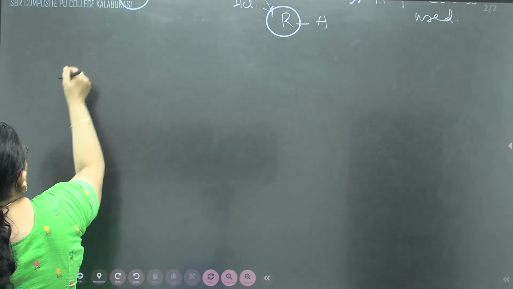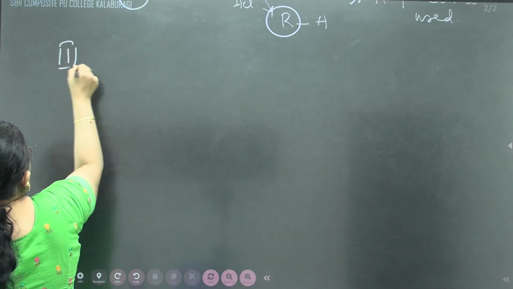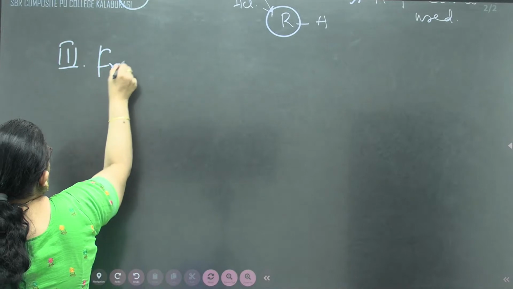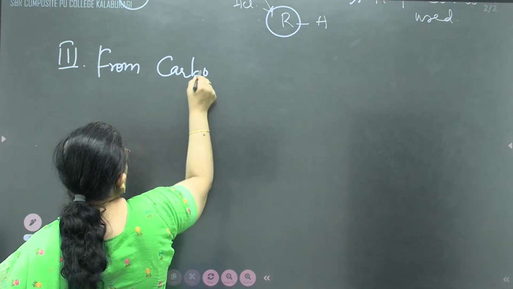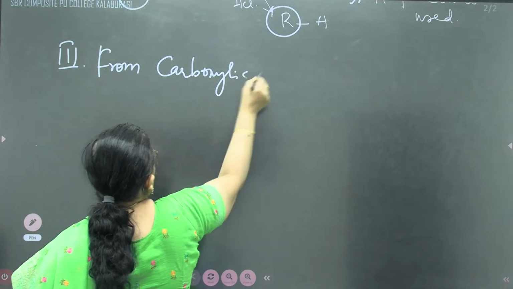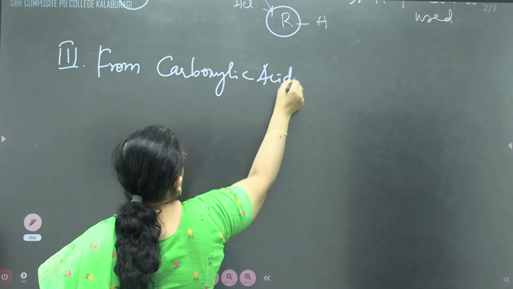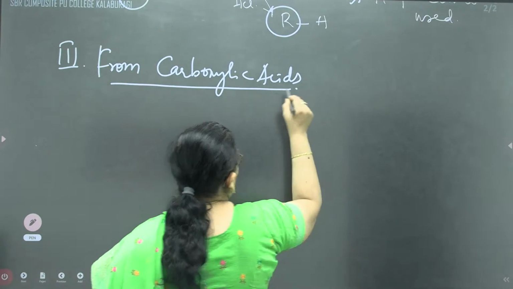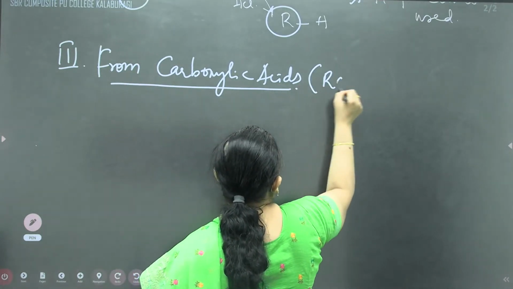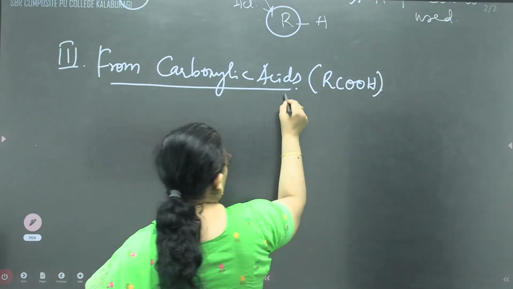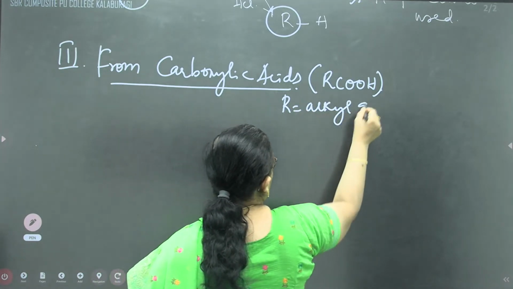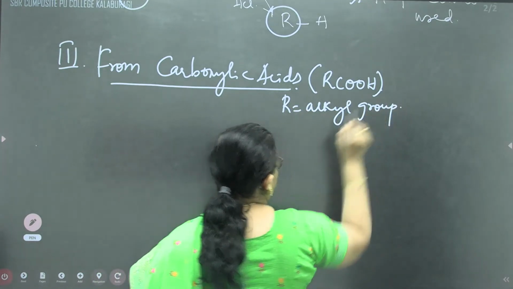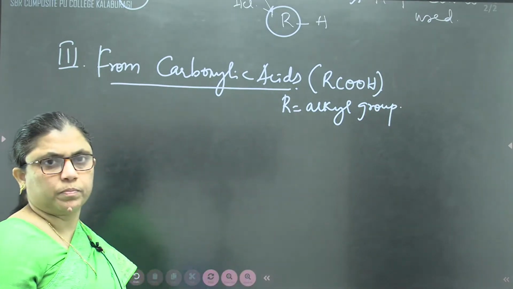What is carboxylic acid? R–COOH, where everywhere R is an alkyl group.